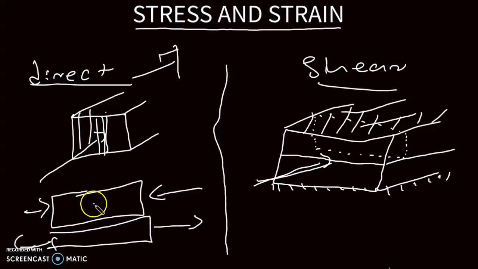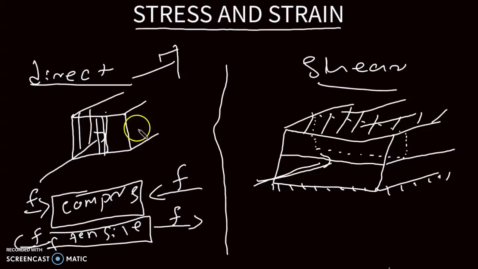So in direct stress, we have two types. We have the compressive and we have the tensile. A tensile stress is caused by a tensile force. This we are going to call tensile force. And the compressive stress is caused by a compressive force. This we are going to say it's a compressive force.